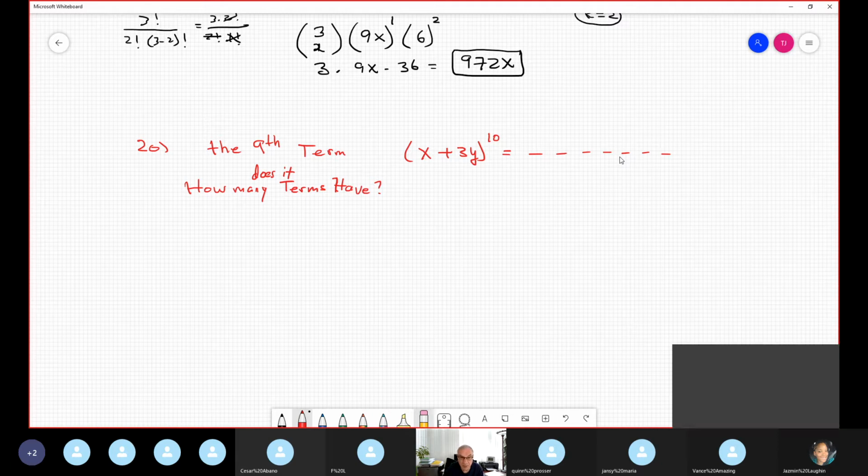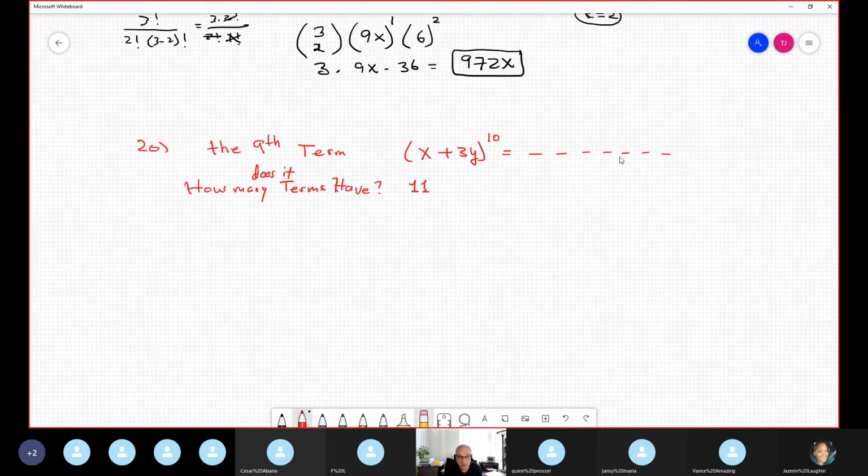Very well. 11. We expect 11. However, my interesting problem is the 9th term. My question is, what is the value for the k associated with the 9th term?